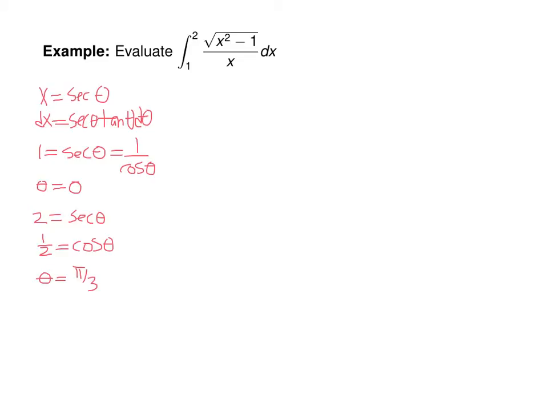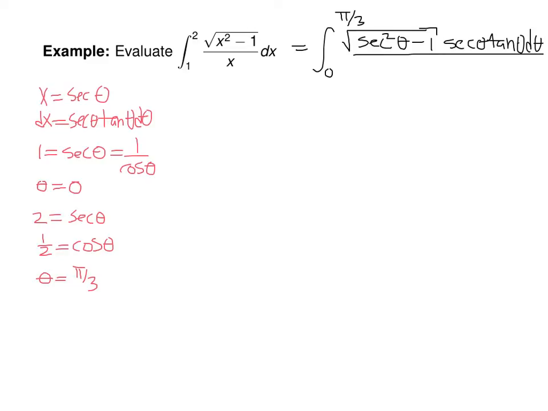So this becomes the integral from 0 to pi thirds of the root of secant squared theta minus 1 multiplied by secant theta tan theta d theta divided by secant of theta.